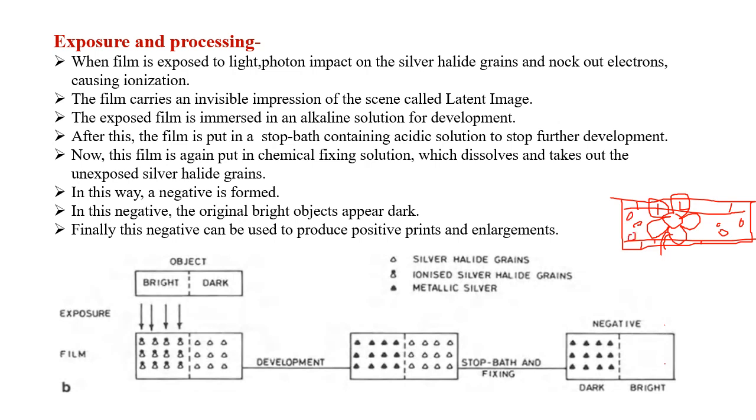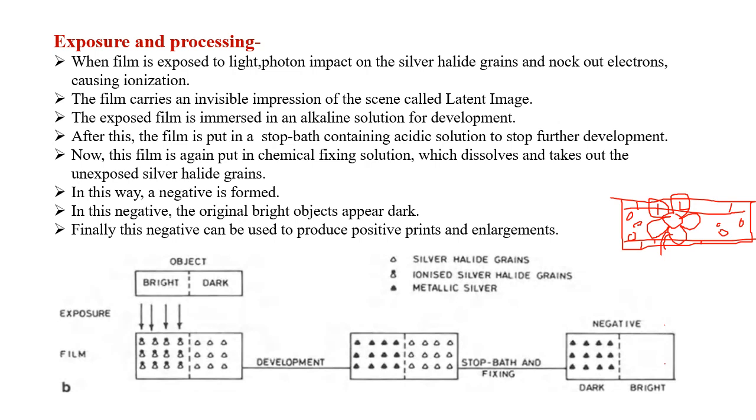The first thing we need to do is to turn this latent image into a permanent image. Latent image means image we see in this reel. This is called latent image. Now from this latent image we need permanent image.